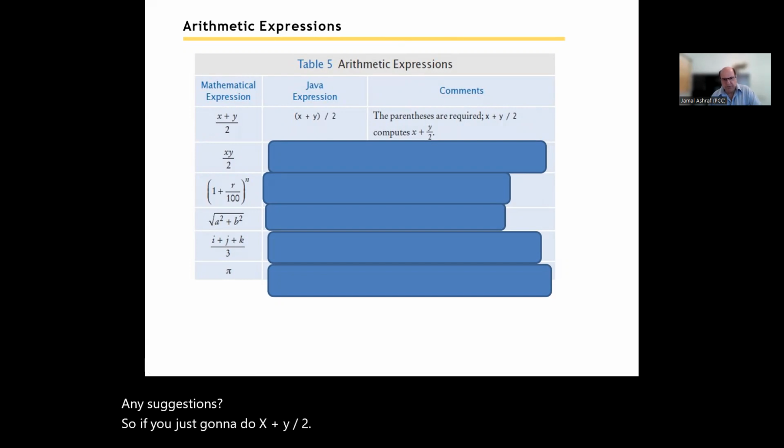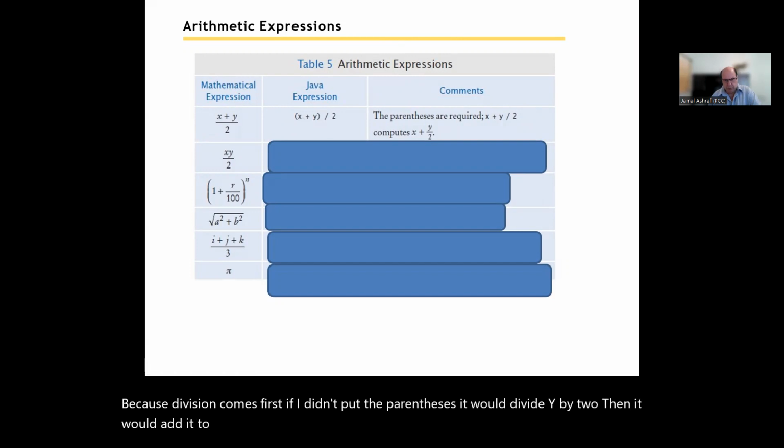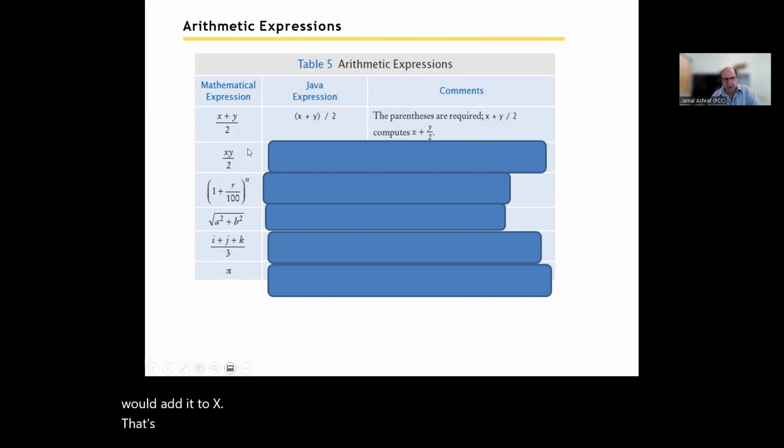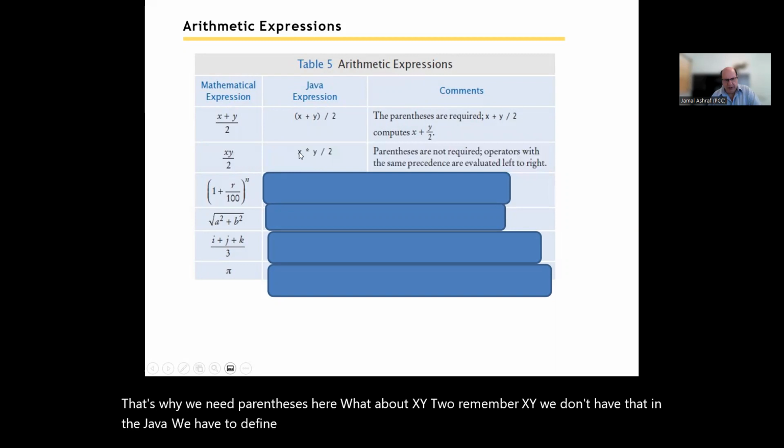Because division comes first, if I didn't put the parentheses, it would divide y by 2, then it would add it to x. That's why we need parentheses here. What about xy over 2? Remember, xy, we don't have that in Java. We have to define our multiplication. So we have to say x times y divided by 2.